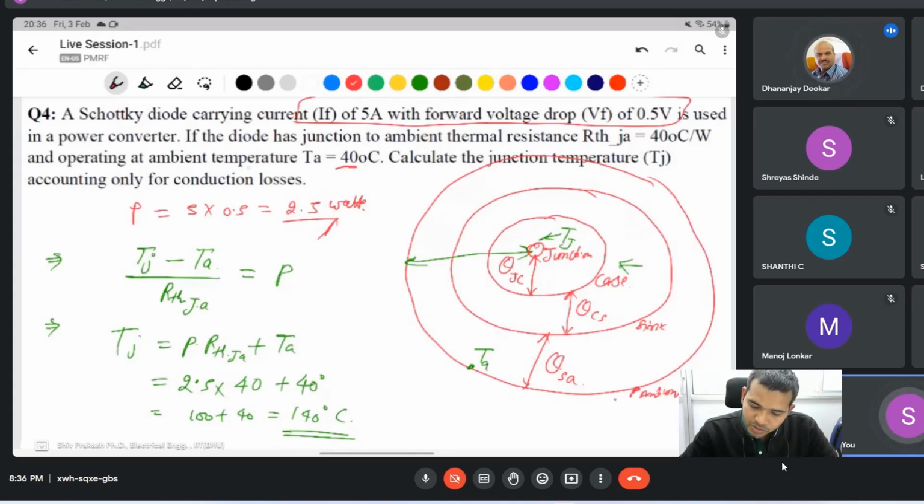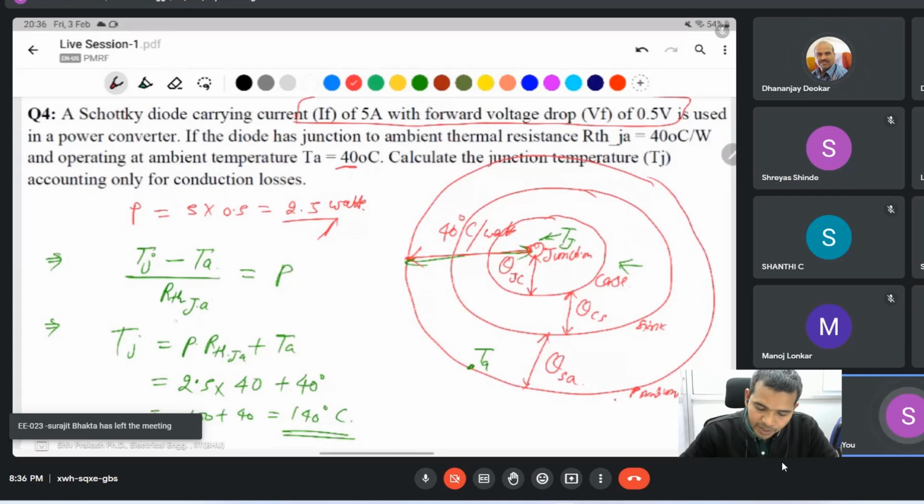Here the junction-to-ambient thermal resistance is given, from here to here, as 40 degrees centigrade per watt.